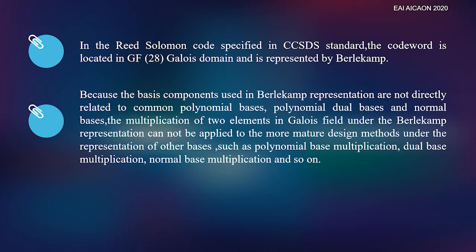Because the basic components used in Berlekamp representation are not directly related to common polynomial bases, dual bases, and normal bases, the multiplication of two elements in Galois field under the Berlekamp representation cannot apply the more mature design methods under the representation of other bases, such as polynomial basis multiplication, dual basis multiplication, normal basis multiplication, and so on.